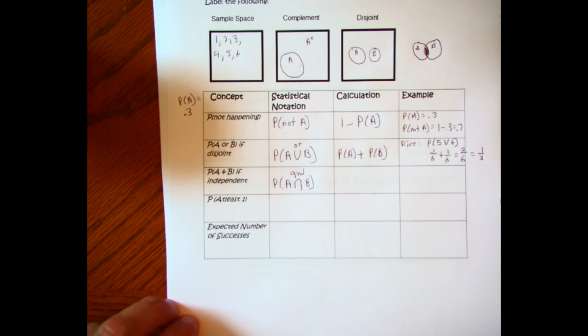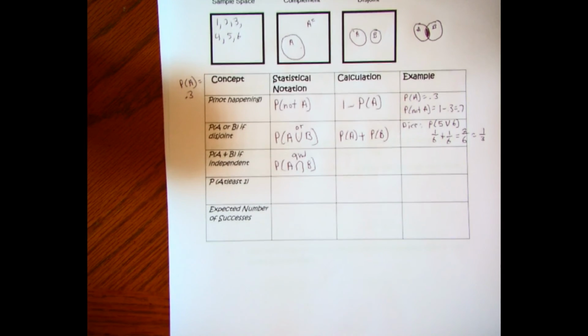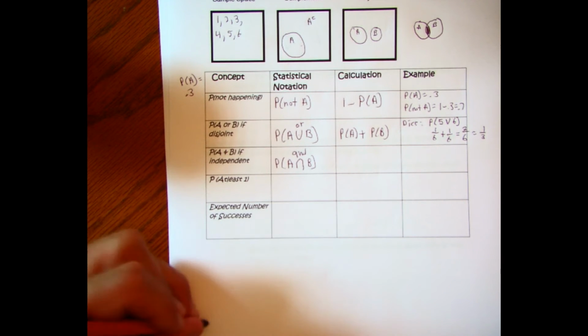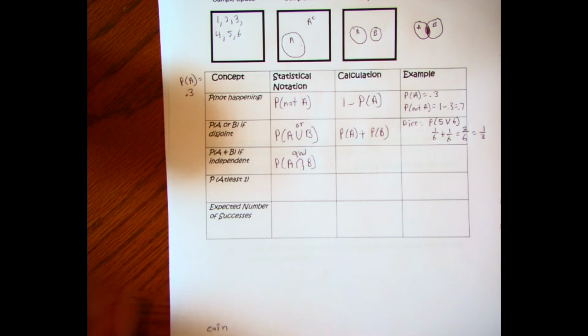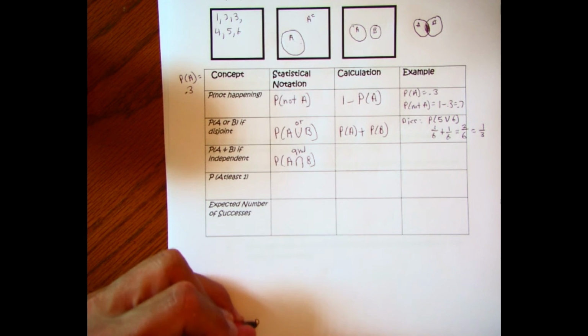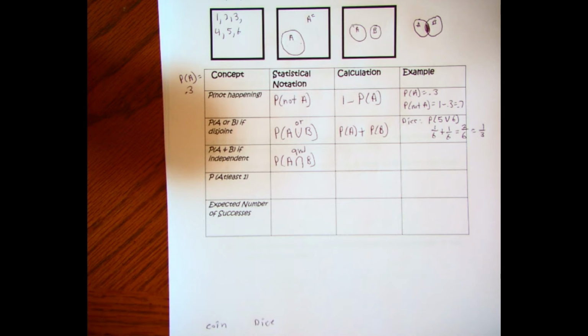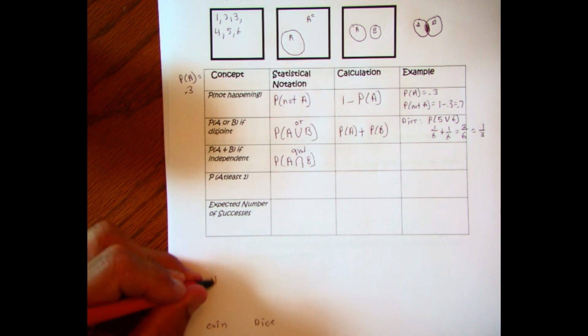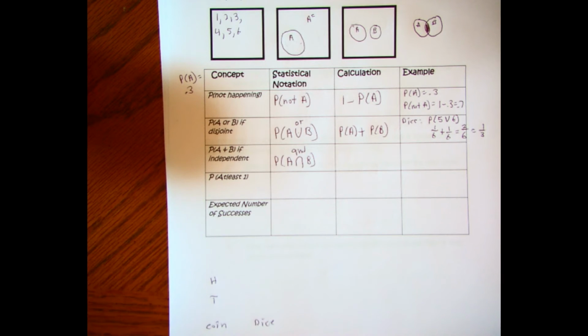So let's take an example. We've got two independent events. We're going to flip a coin, and we're going to roll a dice. When we flip a coin, we have two things that can happen. We roll a dice, we have 6 things that can happen.